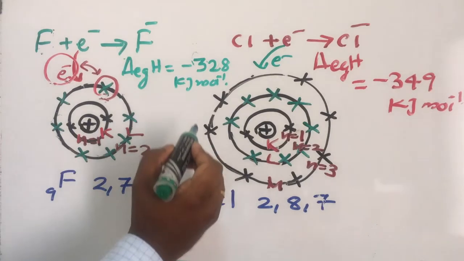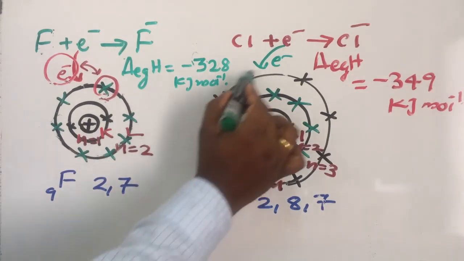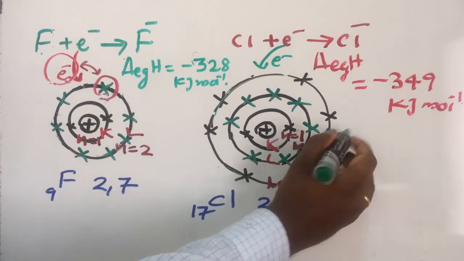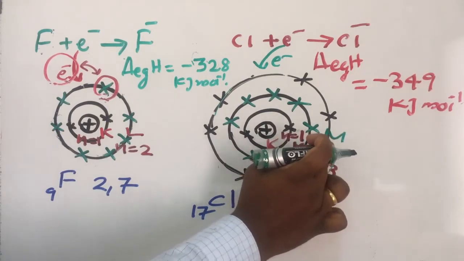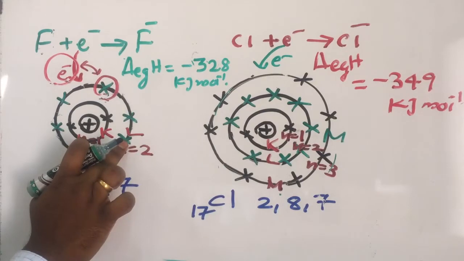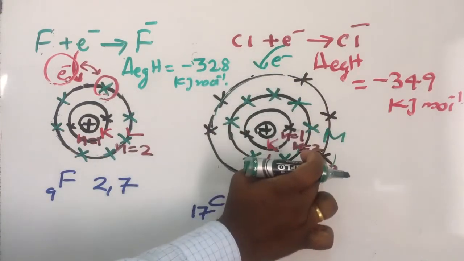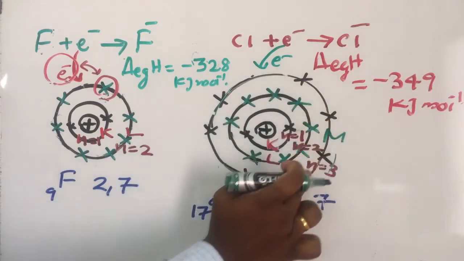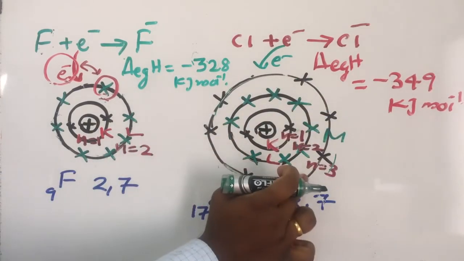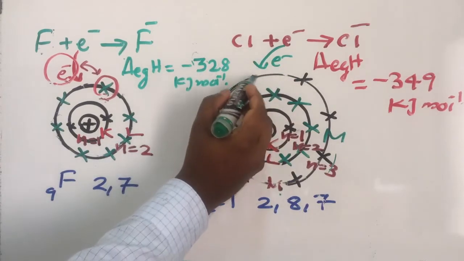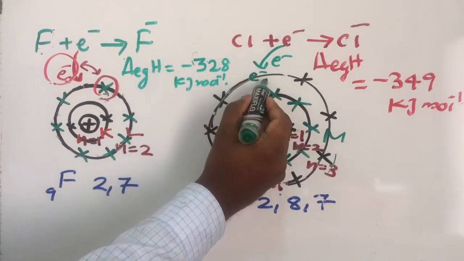Because in chlorine, 7 electrons are present in the third shell, the M shell, and the M shell is generally larger than the L shell. So due to the larger size of the M shell, the 7 electrons can easily be accommodated in that shell. So when an electron is added, it can go into the M shell without much repulsion.